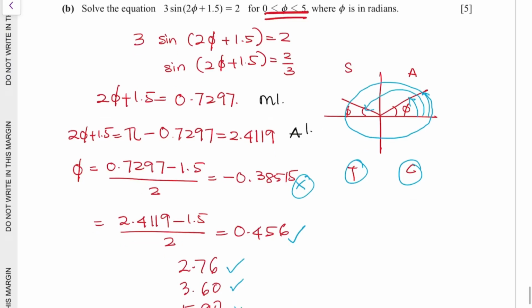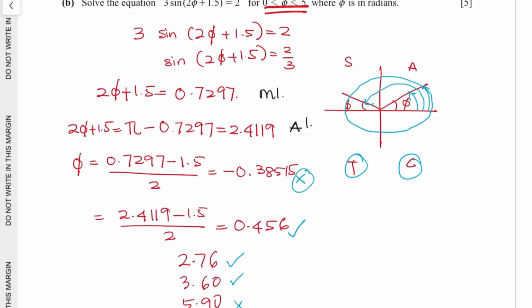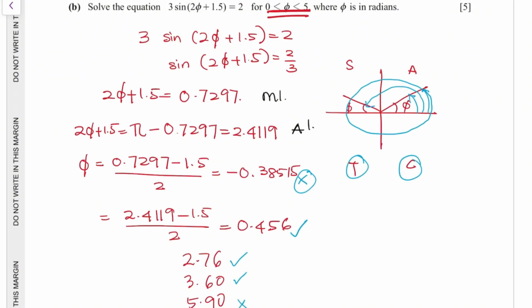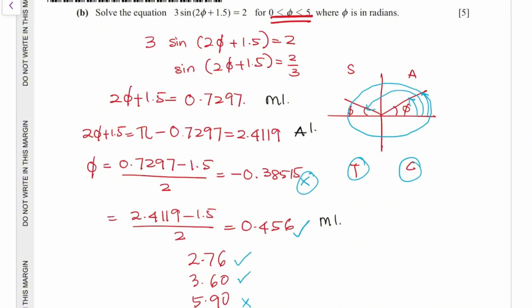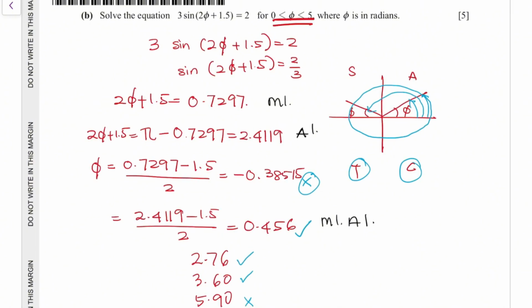Now, the next mark would be when you have correct order of operations, in which when I get 0.456, this is M1, and then A1 for one correct solution. This is also my A1, and then the next A1 is further 2 correct solutions. This is A1. So altogether, it's 5 marks.